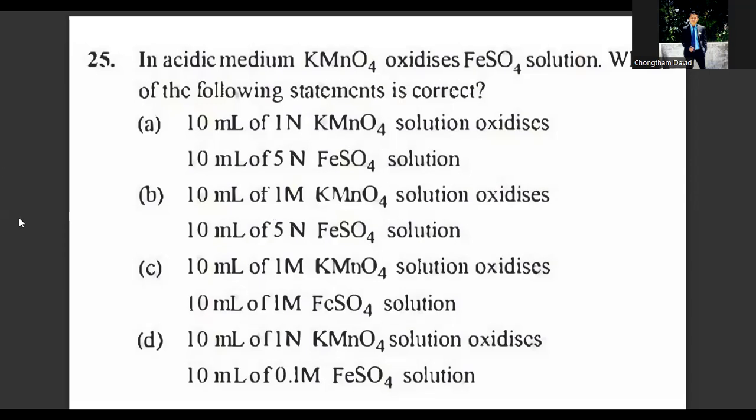See, normality equals n factor into molarity. That you have to keep in mind, and then you can rewrite this. I will write it here. 1 molar potassium permanganate, right? Erase this.